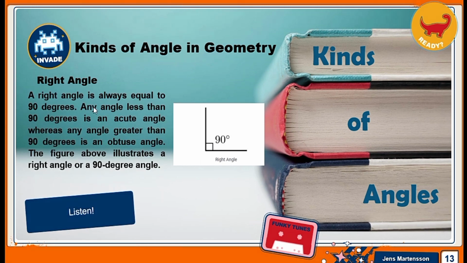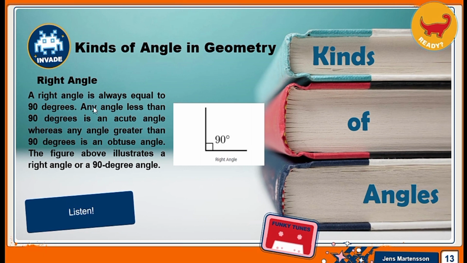A right angle is always equal to 90 degrees. Not less than, not greater than, but equal to 90 degrees. Any angle less than 90 degrees is called an acute angle, whereas any angle greater than 90 degrees is an obtuse angle.